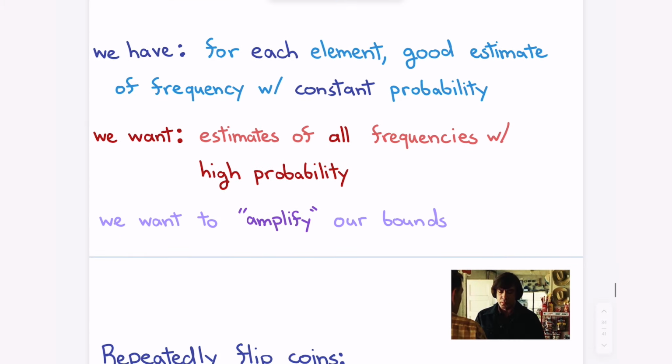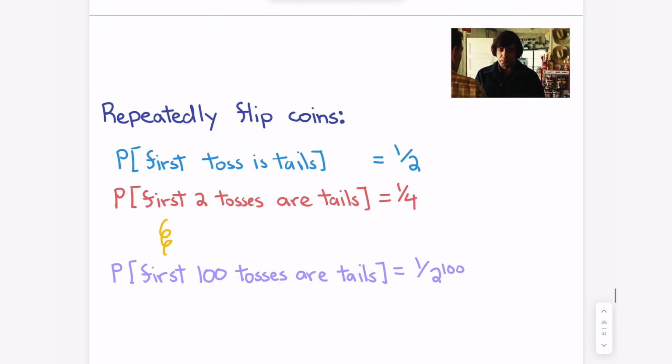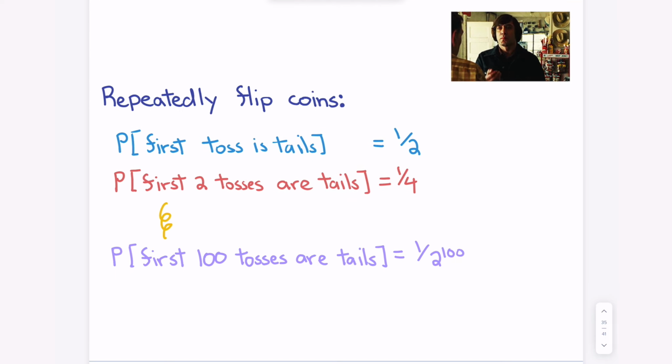Okay. So obviously the probability of getting one tail is one half. Getting two straight tails is one fourth. 100 straight tails is 1 over 2 to the 100. The point is that it plummets insanely fast, exponentially fast. I don't know what 1 over 2 to the 100 is, but it's really small.